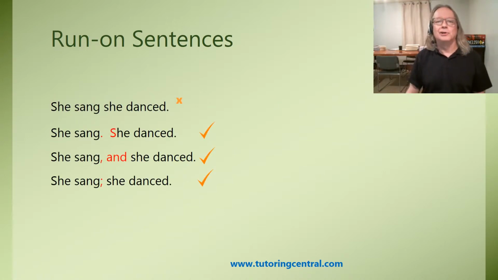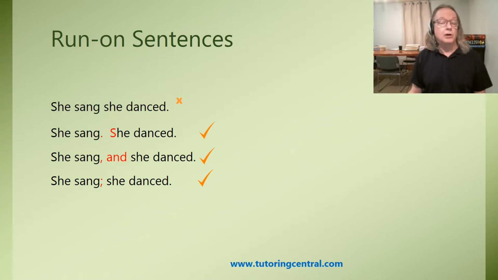Let's have another look at that short run-on sentence. She sang, she danced, and three ways that it could be corrected. Obviously, you could simply separate the sentences. She sang, period, she danced. Or you could join it with a coordinating conjunction. She sang and she danced.